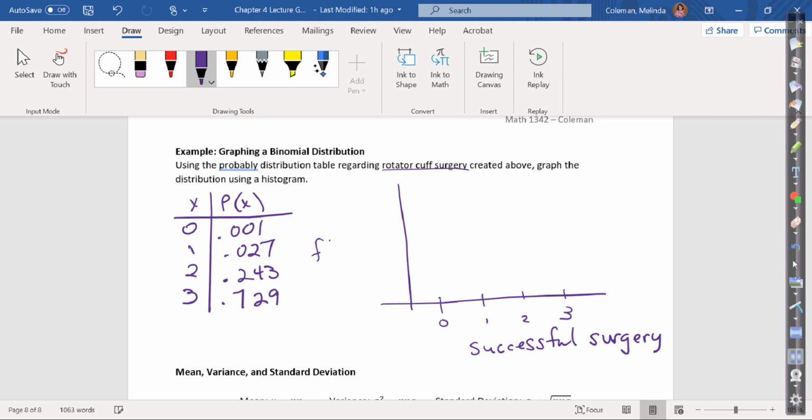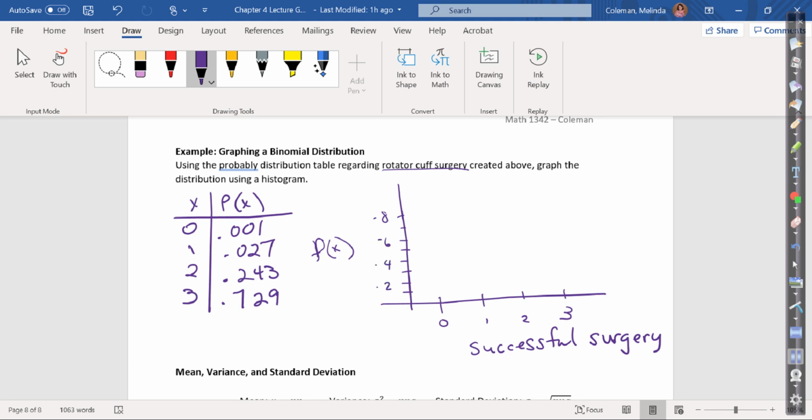This is the probability, P of X. In this case, my highest one goes up to 0.7, so 0.8, 0.6, 0.4, 0.2.